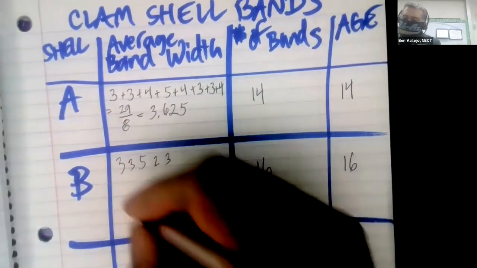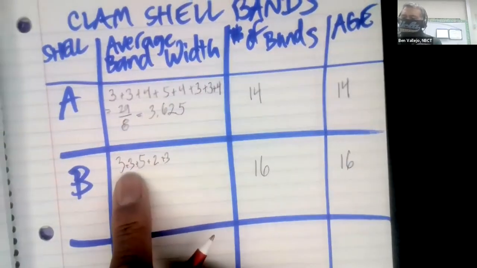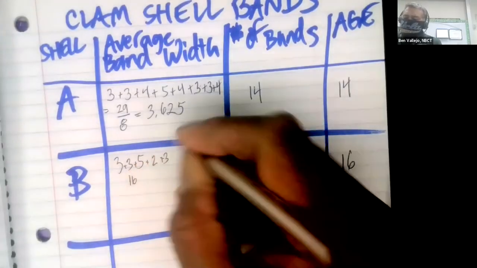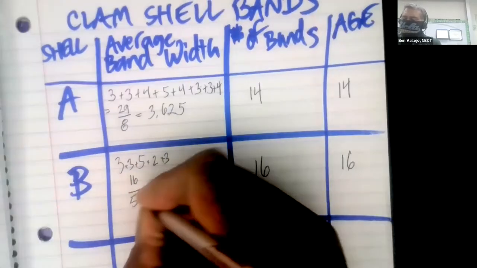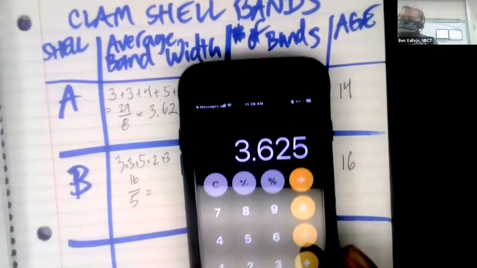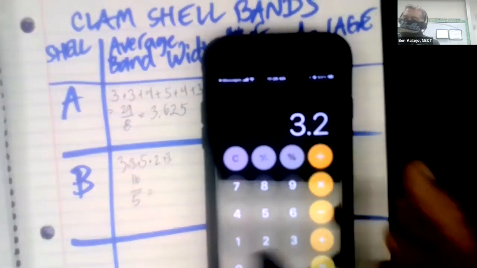This time I'm going to add those up. I have 11, 12, 13, 16. 16 divided by 5 of them I counted this time. So when I get the calculator out, I got 16 divided by 5, and that's 3.2.